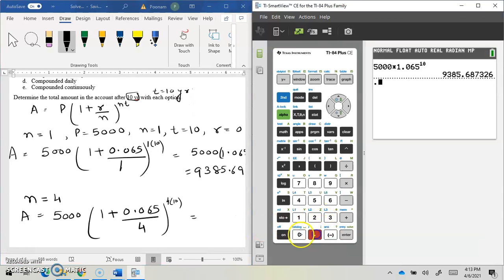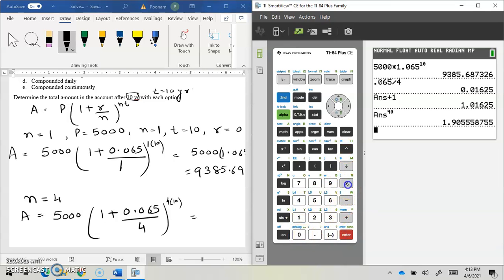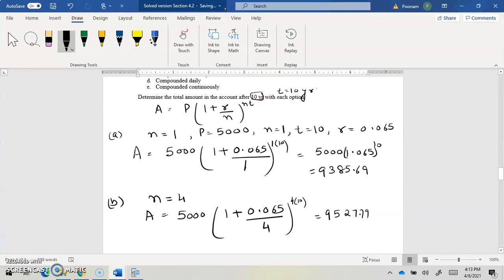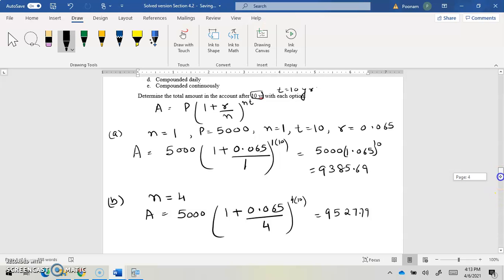So we can calculate 0.065 divided by 4 plus 1 raised to the power 40 times 5,000. So we have 9,527.79. So you see, same amount of money, same interest rate, but if it's compounding quarterly, we are getting more money out at the end of the same period, 10 years.